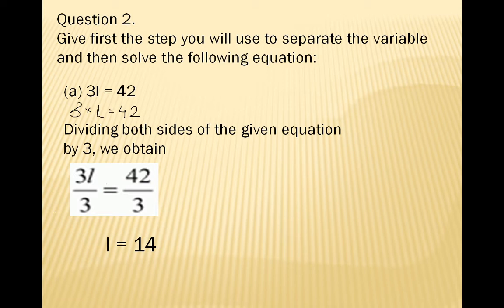So the 3 and 3L will cancel with each other and only L remains, and 3 ones are 3, 4 minus 3 gives us 1, 1 and 2 makes 12, so 3 fours are 12, so L is equal to 14.